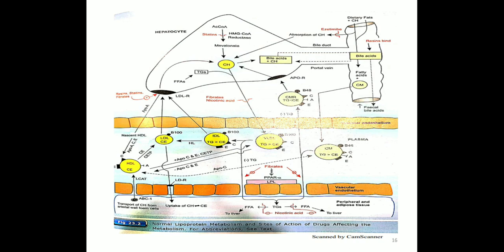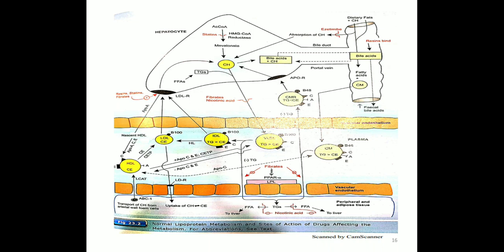As we can see, dietary fats and cholesterol go to the intestine and are absorbed from the jejunum, and ultimately it becomes the chylomicron. The chylomicron will be converted to the VLDL.